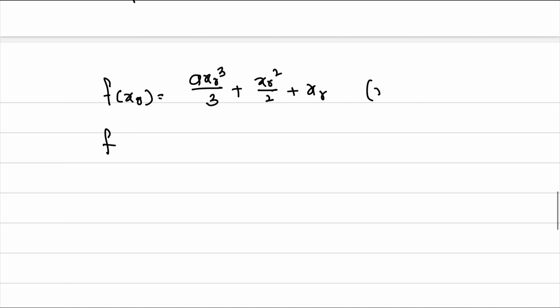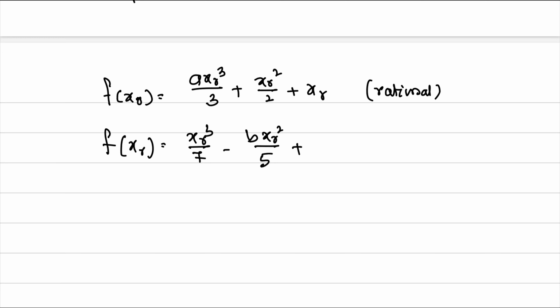Function f(xr) for irrational numbers is xr cube by 7 minus b xr square by 5 plus xr by 3.